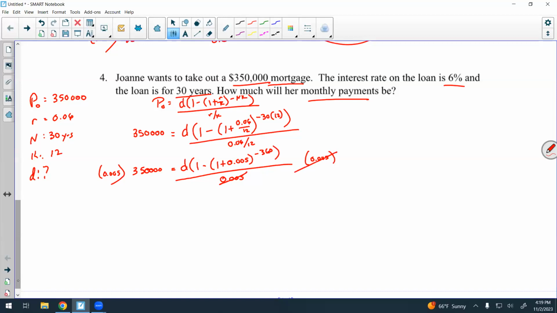These cancel each other out, and on the left I get 350,000 times 0.005, 1,750. D times 1 minus, and this is 1.005 to the negative 360th power.